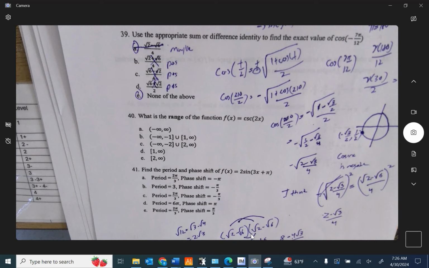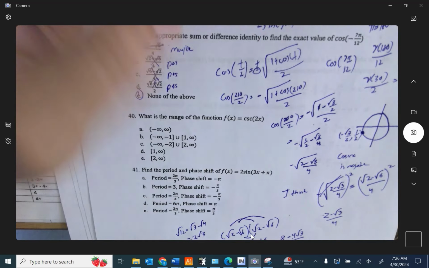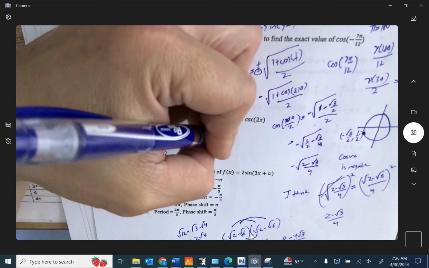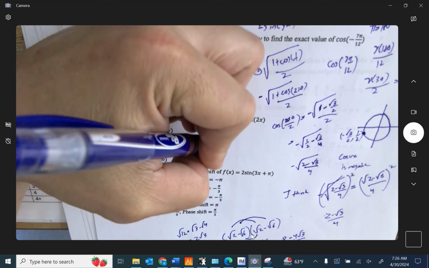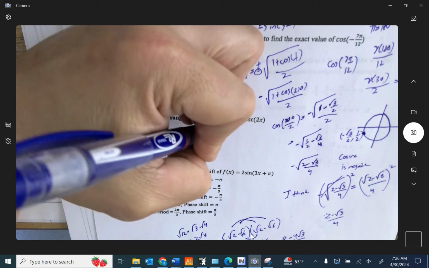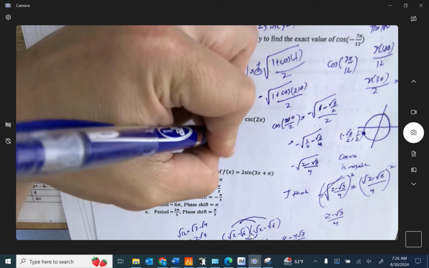All right, what is the range of the function cosecant of 2x? Now, you may or may not remember this, and I don't have time to do the complete graph, but for the cosecant function, you drew sine first.